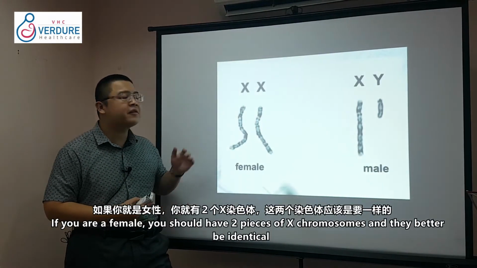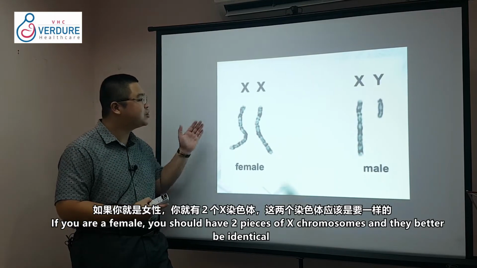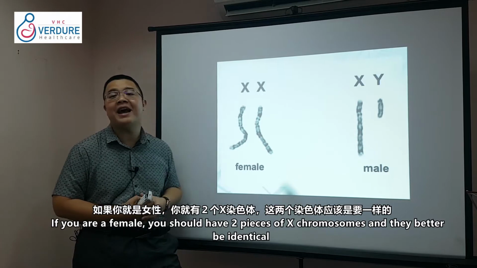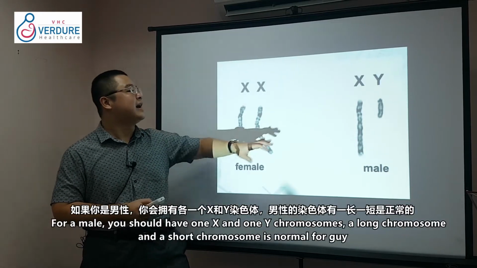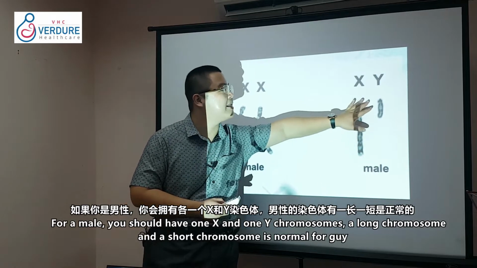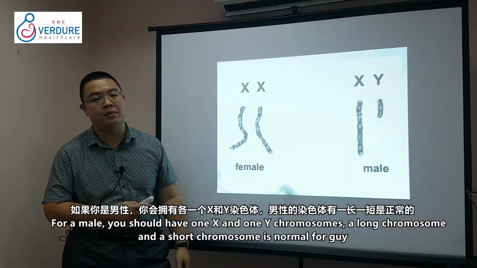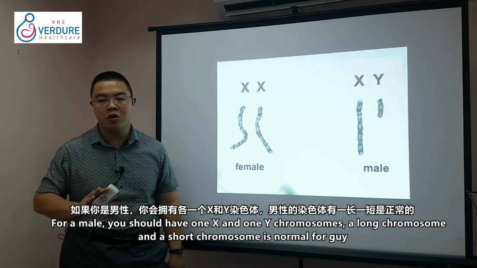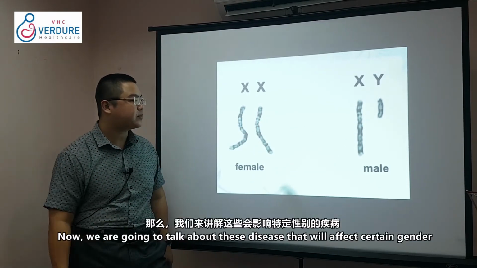If you are a female, you should have 2 pieces of X chromosome, and they better be identical. For males, you should have 1 X chromosome, and the other piece will be a Y chromosome. So a long chromosome and a short chromosome is normal for a guy.